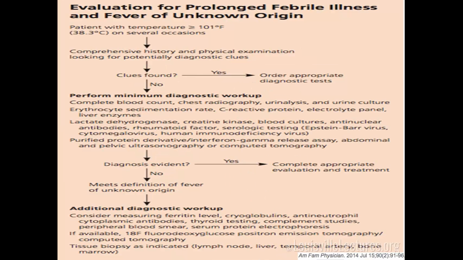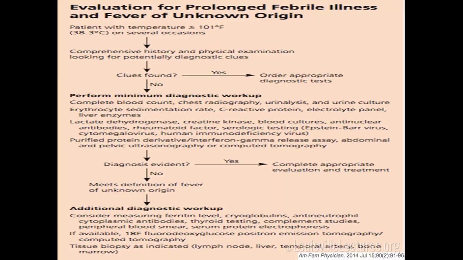So how do you approach these cases? There are several different algorithms out there, but the key to this is getting a good history. So your history is going to be the main thing you have to work on, because that's what's going to give you the diagnostic clues, as opposed to doing a big, huge workup without a focus, okay? So on this table, I hope you can kind of see it, but basically you start out with the definition, right?